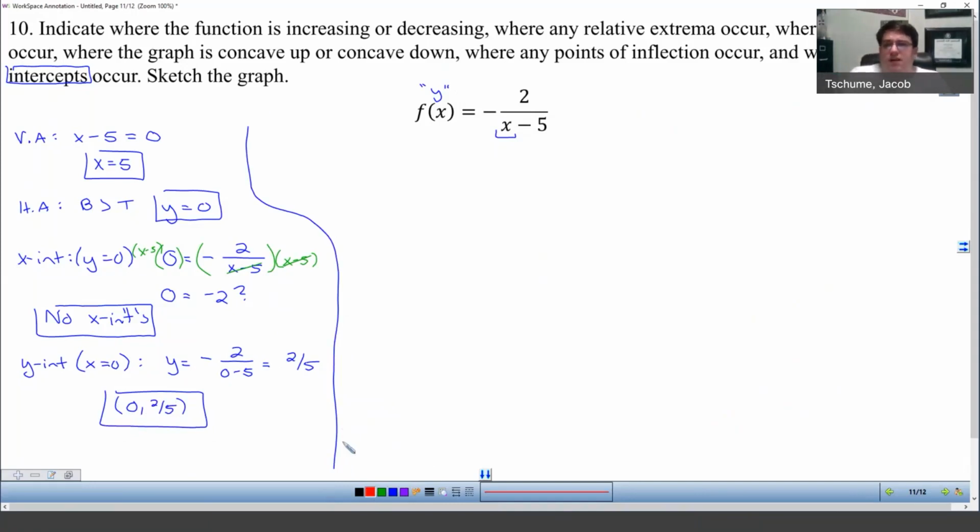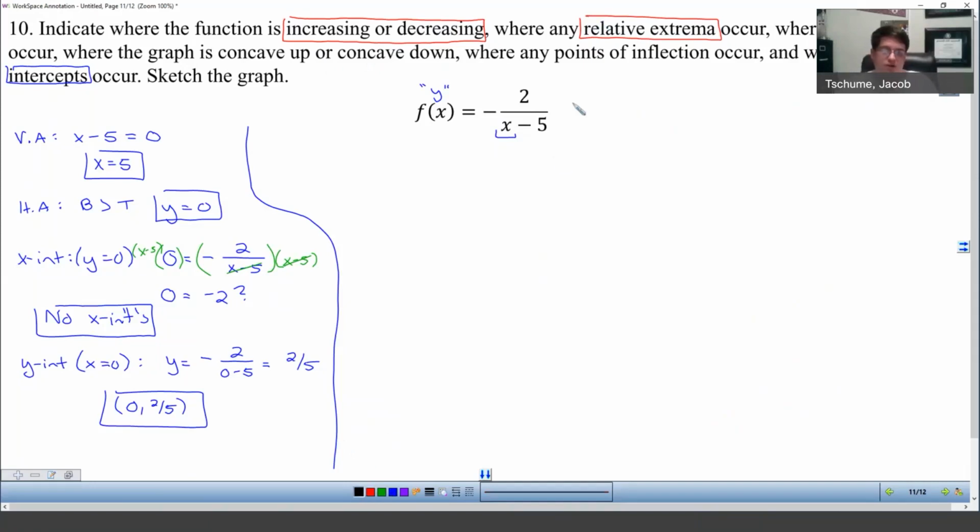All right, so now what stuff do you need calculus for? I'm going to move into red next. With the first derivative, if you remember back from 3.1, you can figure out where the graph is increasing or decreasing, and you can also find all of the relative extrema. So I need to take the first derivative of the function that we have.